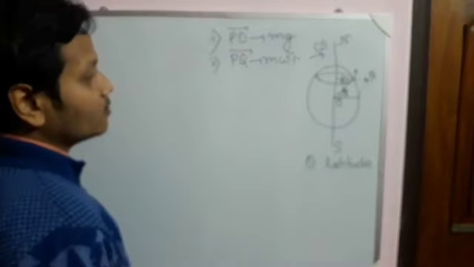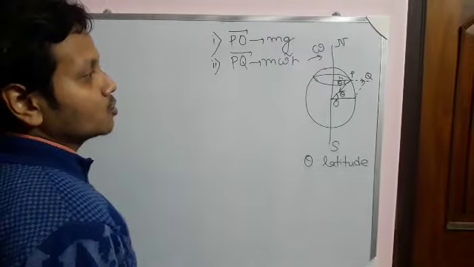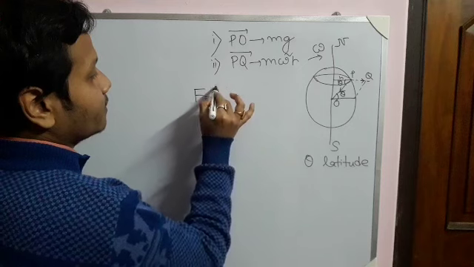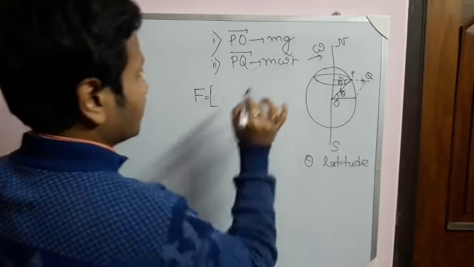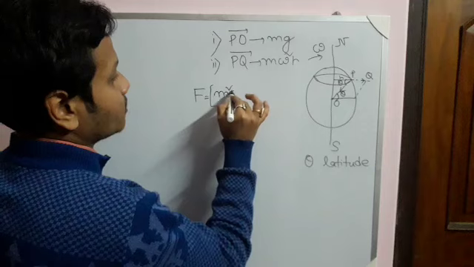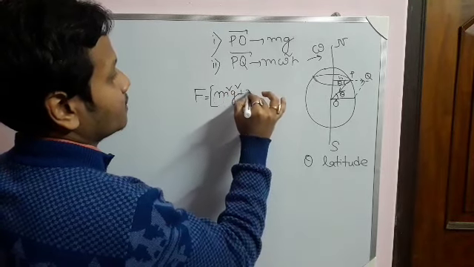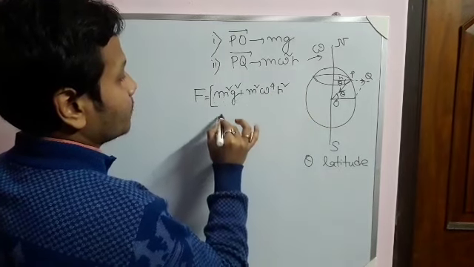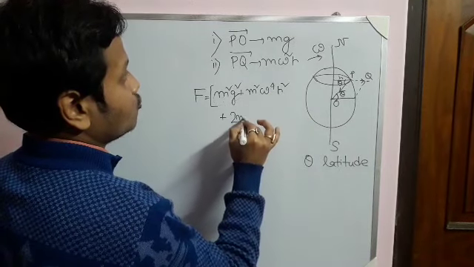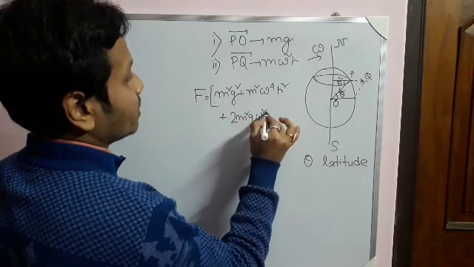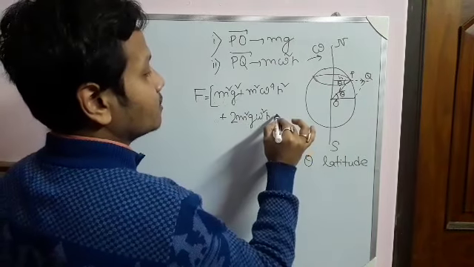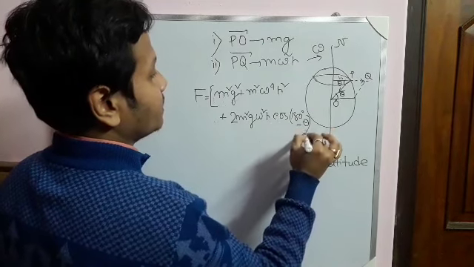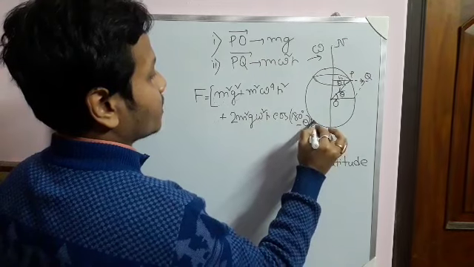Now we have to find their resultant. So what would be the resultant force? We all know it from the vector formula. That is, the square root of a square plus b square plus 2ab cos of the angle: m square g square plus m square omega to the power 4 r square, plus 2 m square g omega square r cos(180 degree minus theta), whole to the power half.